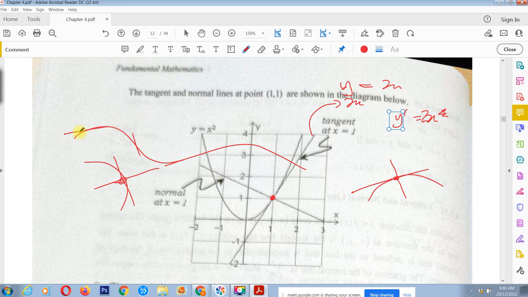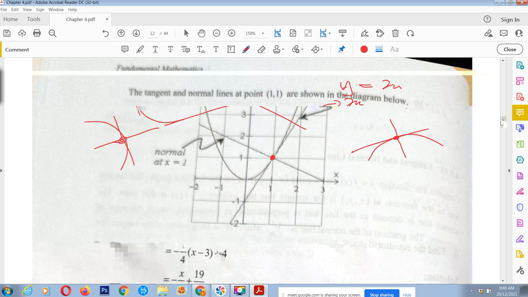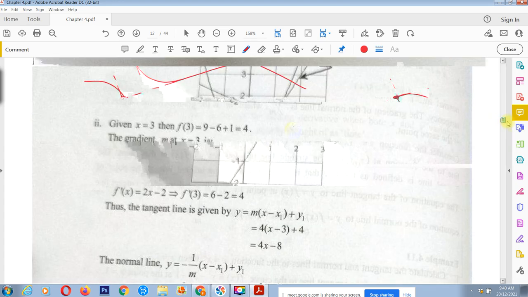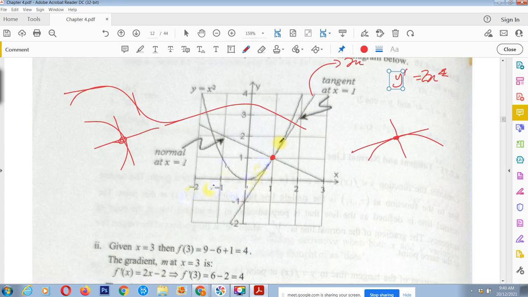So at every single point on the curve, there is a different tangent line. For example, if we put the point (0, 0), we get this tangent line. But if we put negative 1, 1, we get this tangent line here. It depends on the point that we define.